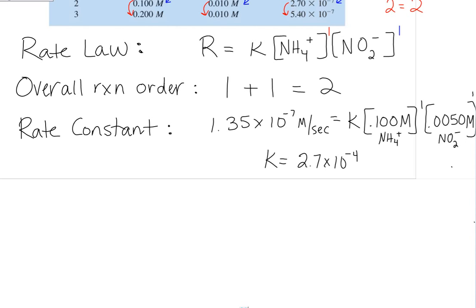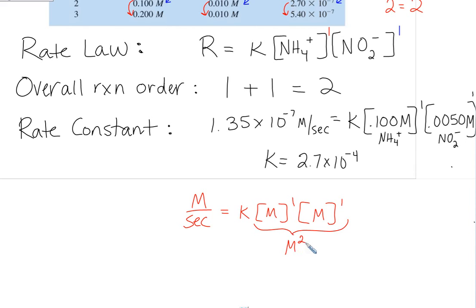So I might do this as: this was molarity per second on the rate, equals K times molarity to the first and molarity to the first, which together are molarity squared. So I'm just going to do the algebra.